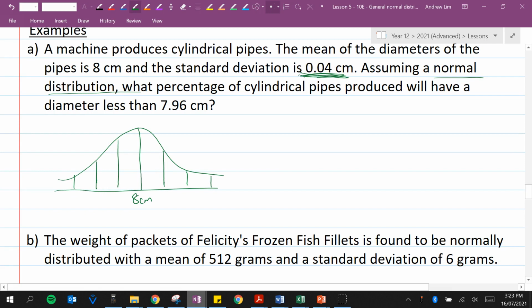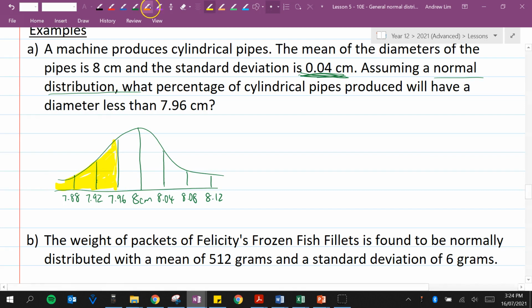So my standard deviation is 0.04, so I'm going to go up and down by 0.04. Okay. What percentage of cylindrical pipes produced will have a diameter less than 7.96? So here's my 7.96. I want less than that.